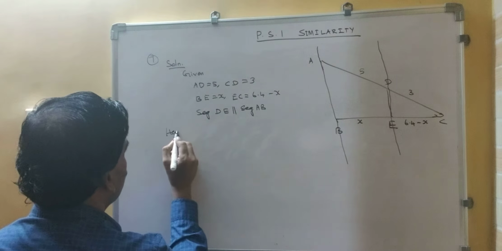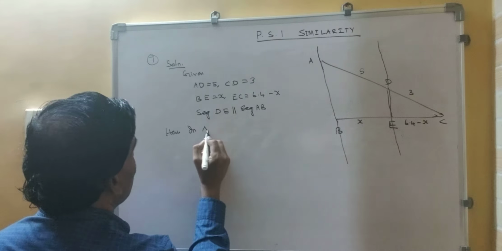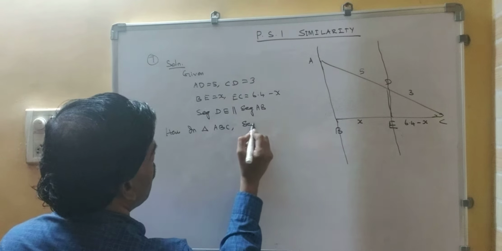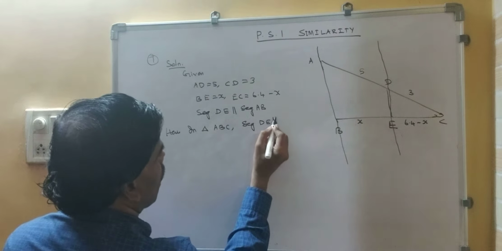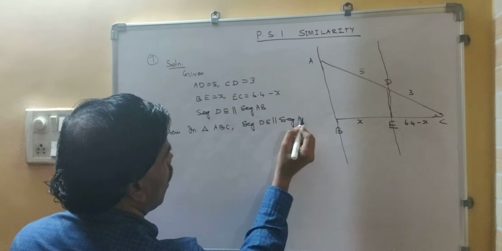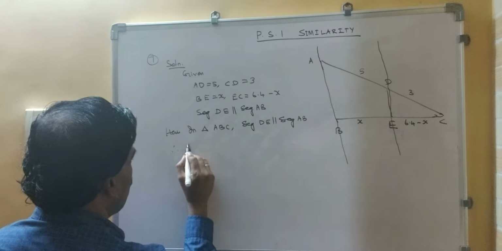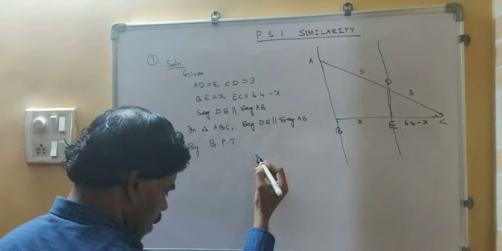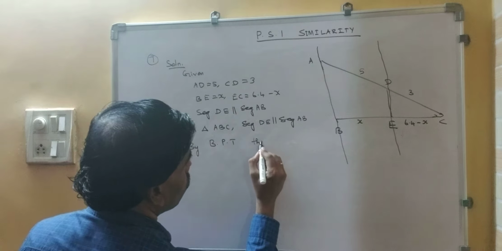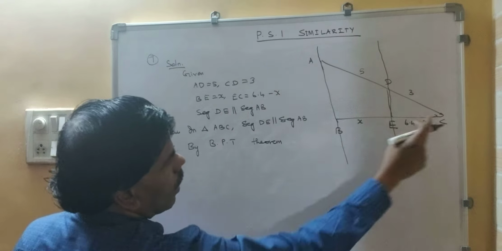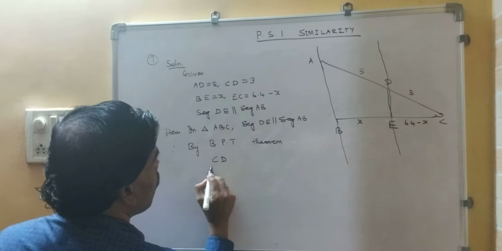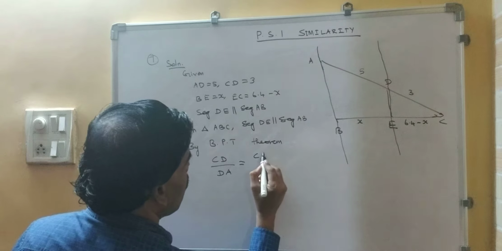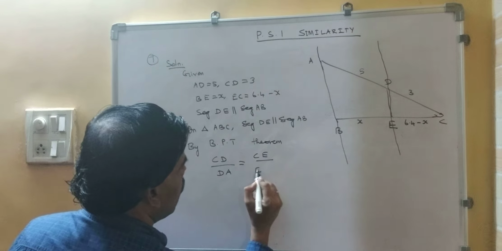Here, in triangle ABC, segment DE is parallel to segment AB. Therefore, by BPT theorem, what will happen? CD upon DA equal to CE upon EB.